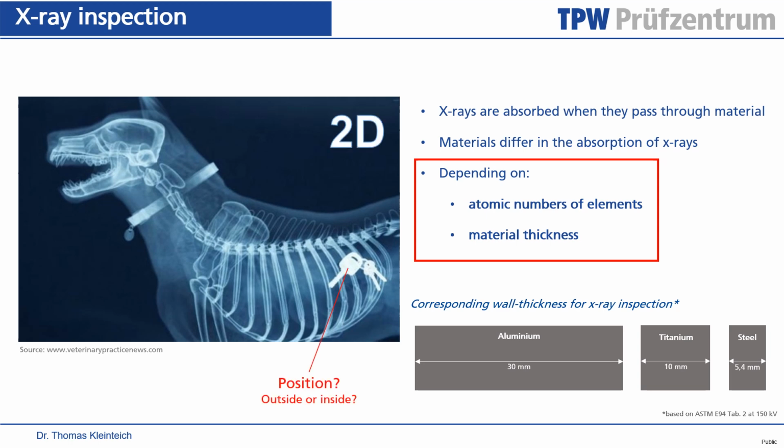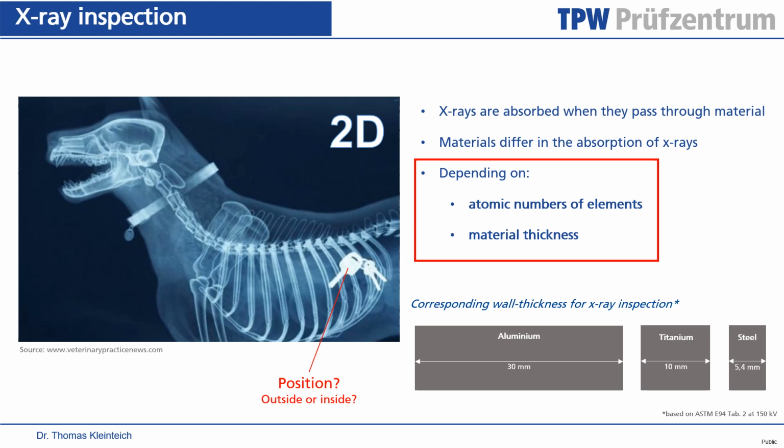And there's one more thing to keep in mind when looking at these X-ray images. You always have to be aware that these X-ray images are only a 2D projection of the full geometry into one single plane of view. And well, as said before, this is a picture of a dog that swallowed a keychain.